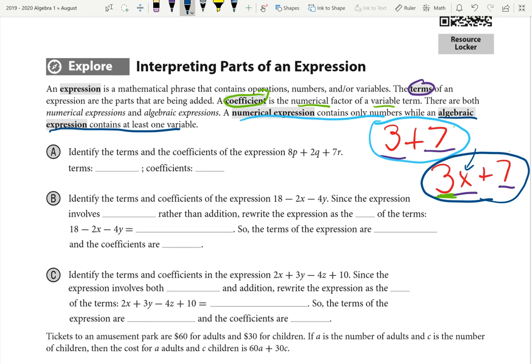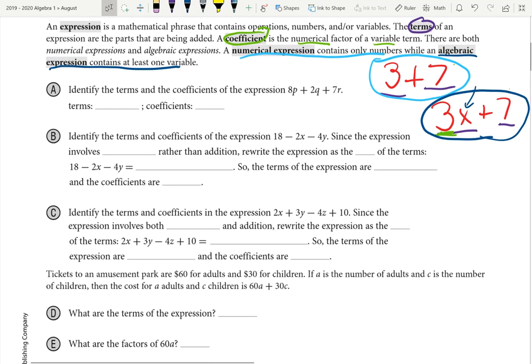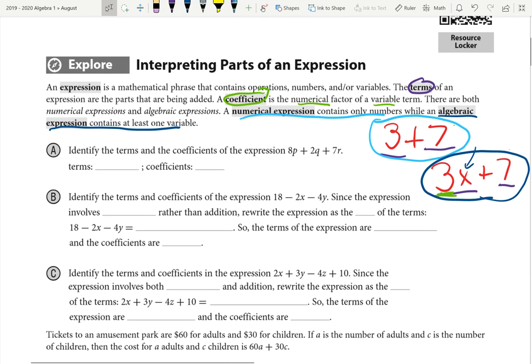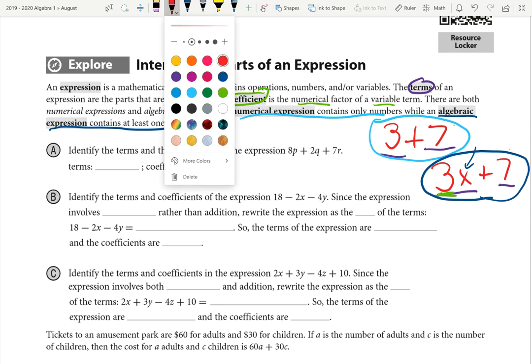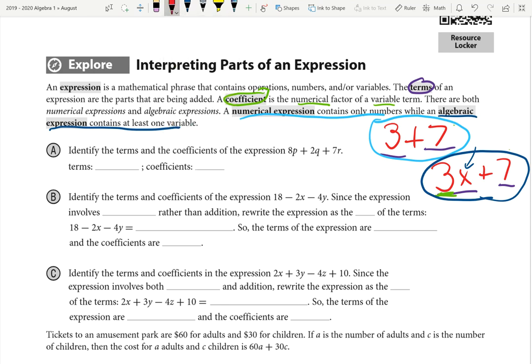So let's move forward. Identify the terms and the coefficients of the expression 8p plus 2q plus 7r. The terms here, and I'm going to go back to my red, well, we have 3 of them. We have 3 terms because we have 3 separate components that are being added together.